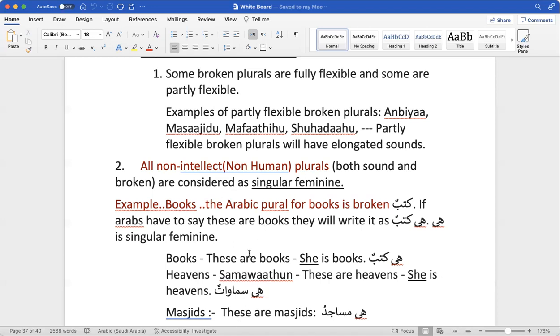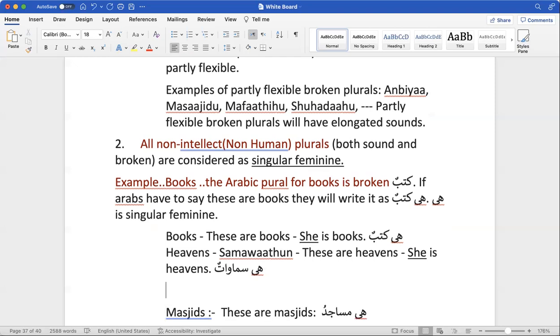One example I can give you, if you remember Surah Baqarah, Tilka Rusulu, right? I'll write it here. Though it is human, in the human broken plural there's a choice. You can treat it as singular feminine, or you can treat it as normal plural, masculine plural. That is the choice.